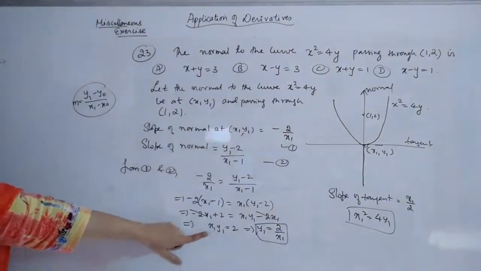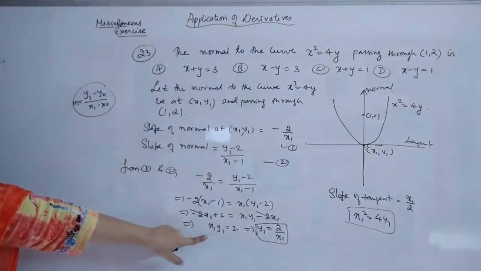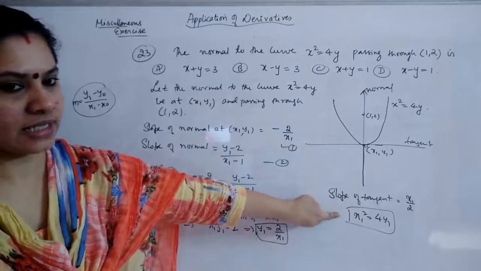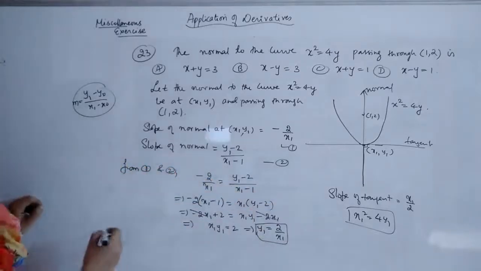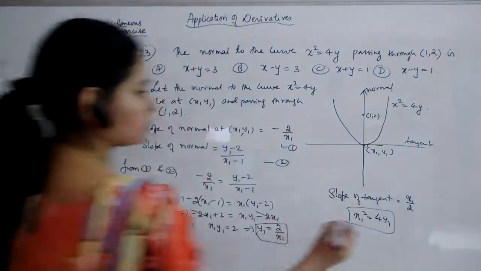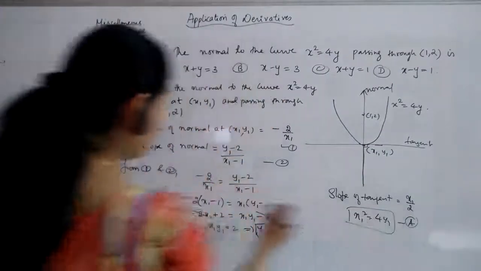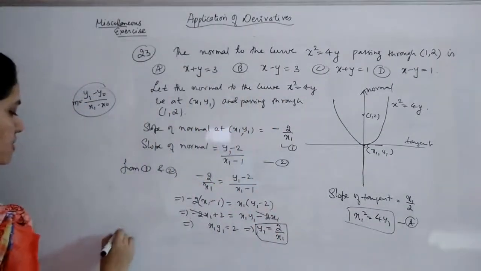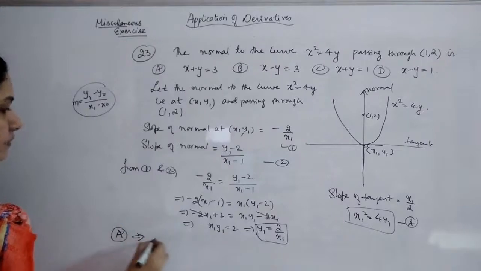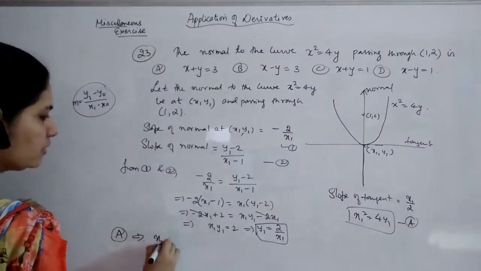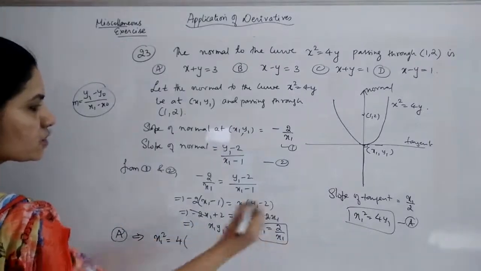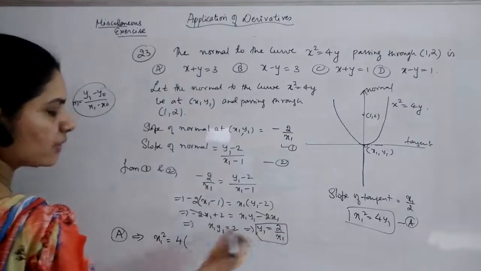Right? Now put this value in the equation which we have said that it will satisfy. So what you will get, suppose this is equation A, becomes x1 square is equal to 4 into y1, which is 2 by x1.